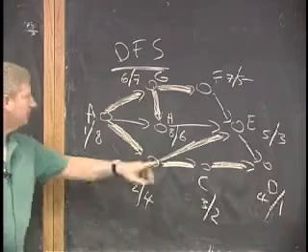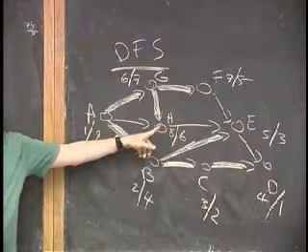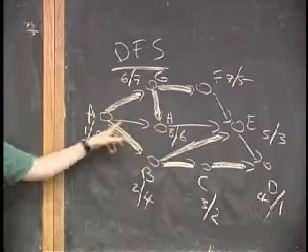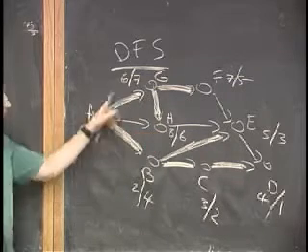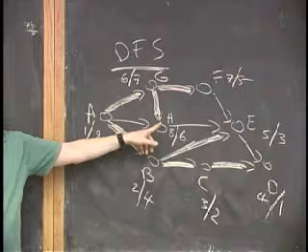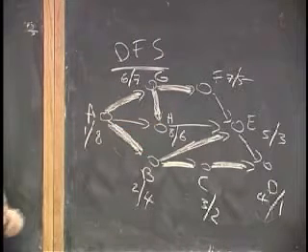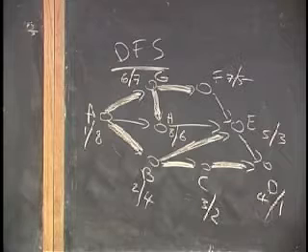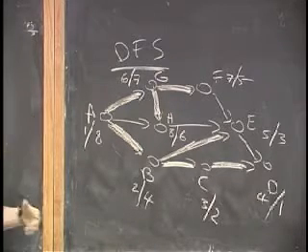Let's see if I can, here. See this edge? That's a forward edge, because it connects to something that's already in the tree, which is forward on the tree. Let's see if we have any back edges. We don't have any back edges here because this graph doesn't have cycles.